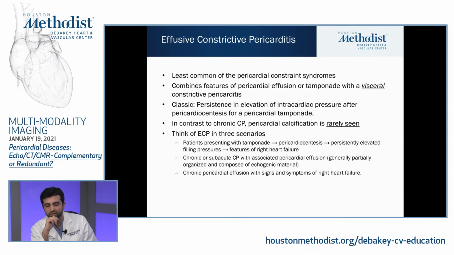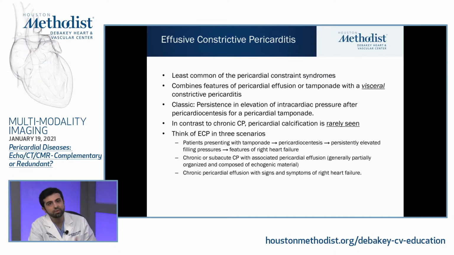Remember, effusive constrictive pericarditis occurs in three main scenarios, but really it's the first one that you always have to think of. Patient presenting with tamponade, you drain the effusion, elevated filling pressures, he comes back later with heart failure. Or someone who has a chronic or subacute sort of constriction type scenario, but still has a pericardial effusion.